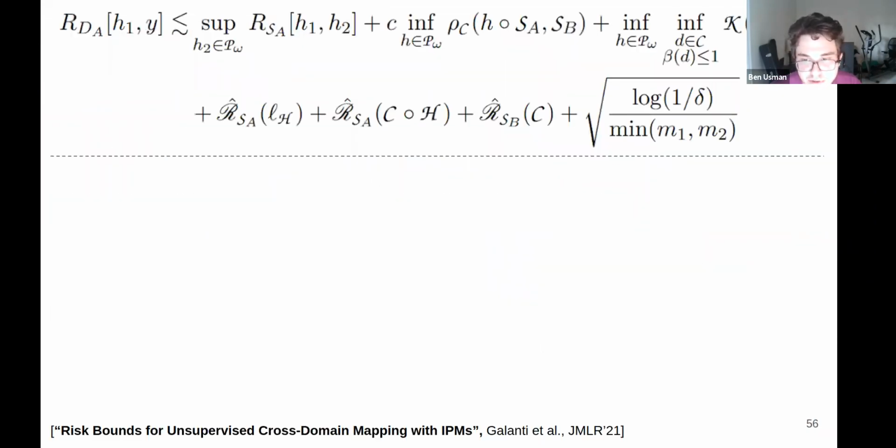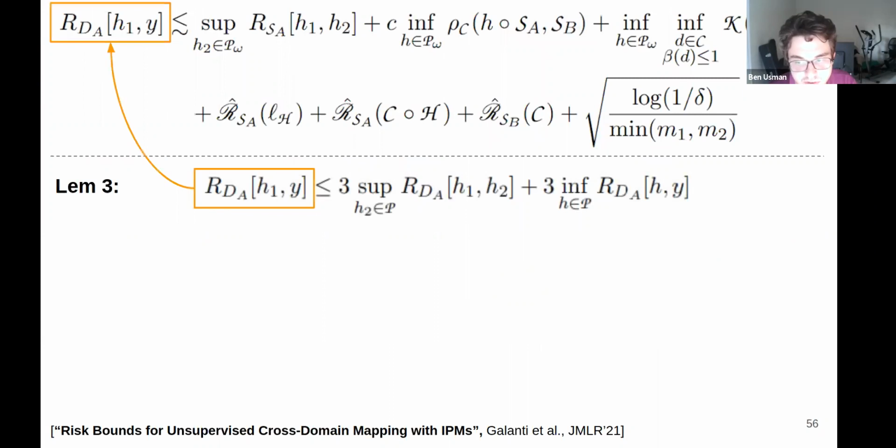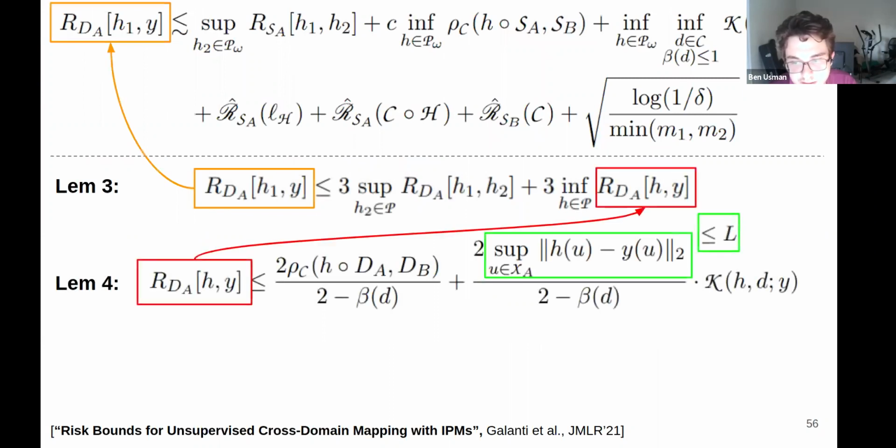Okay, so to summarize, they connect the prediction error of the unsupervised alignment method with the variance between near optimal solutions, the statistical distance, and the complexity of the function classes. They do that by first using the triangle inequality on the set of possible solutions, then applying Taylor expansion to express the statistical distance between outputs of functions h and y on the dataset A as the difference between functions h and y themselves and the sensitivity of the discriminator.